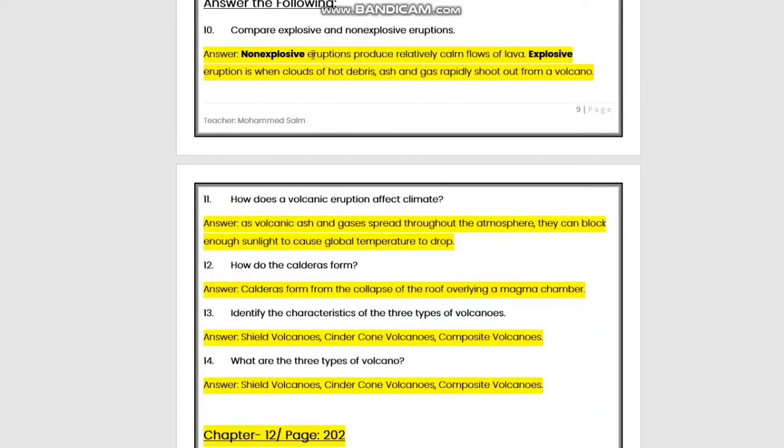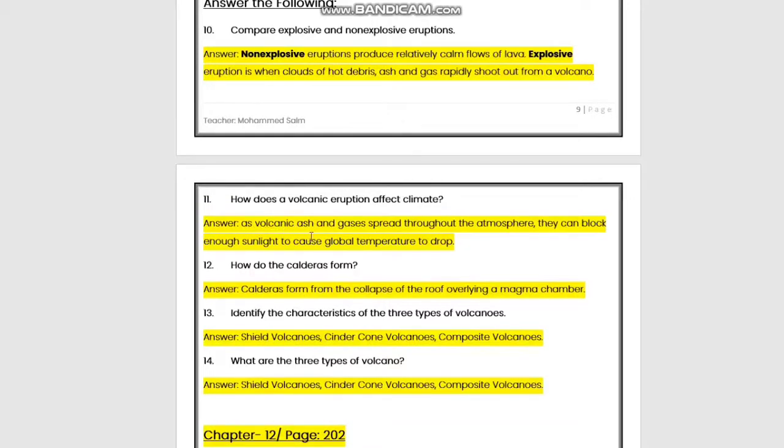Compare explosive and non-explosive eruptions. Non-explosive eruptions produce relatively calm flows of lava. Explosive eruption is when clouds of hot debris, ash and gas rapidly shoot out from a volcano. How does a volcanic eruption affect climate?